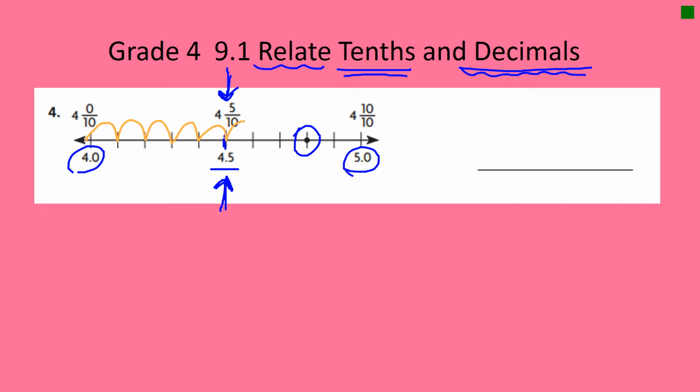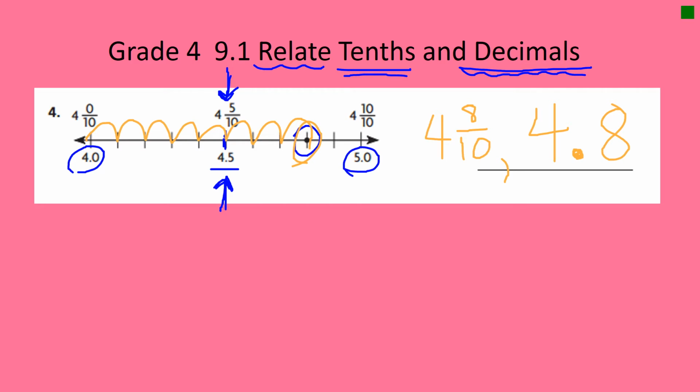So let's keep going. 6/10, 7/10, 4 and 8/10. Now you can write that as a fraction, no problem. 4 and 8/10. And as a decimal, 4, whole number, same, and then we put an 8 in the tenths place. 4 and 8/10. Fantastic job.